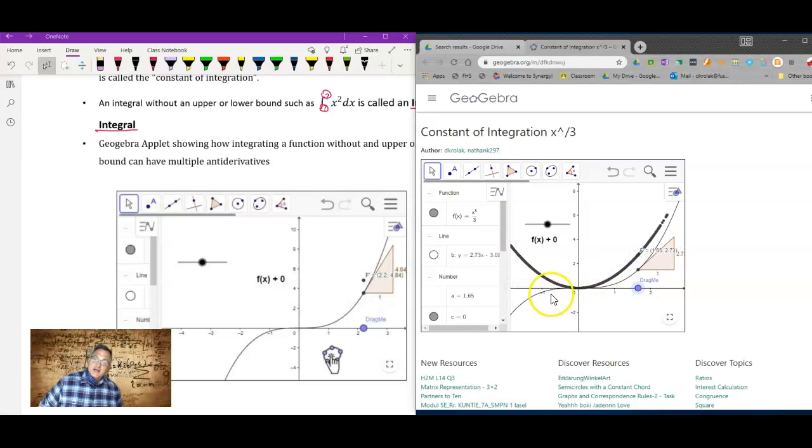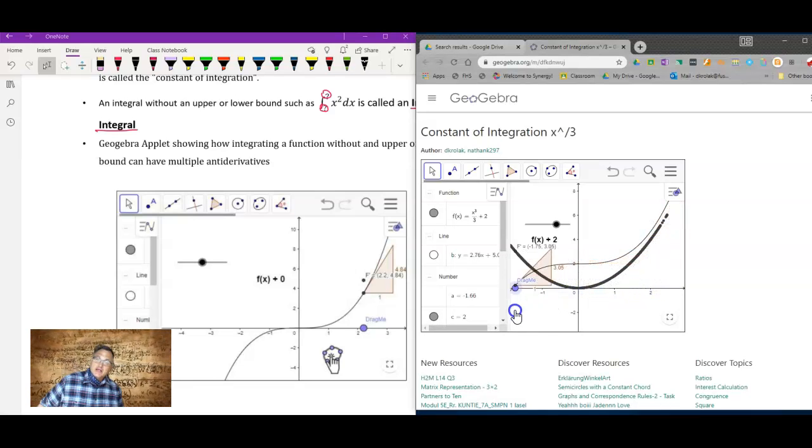Now, if I take that cubic graph and slide it up 2, and do the same thing, dragging and graphing the derivative of x cubed over 3 plus 2, you notice it's the same.